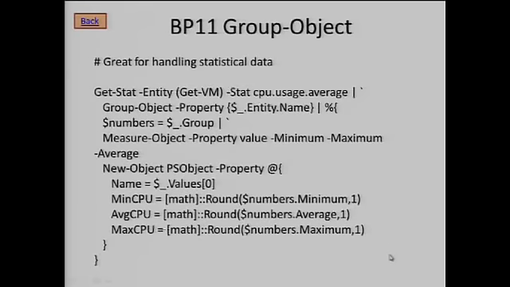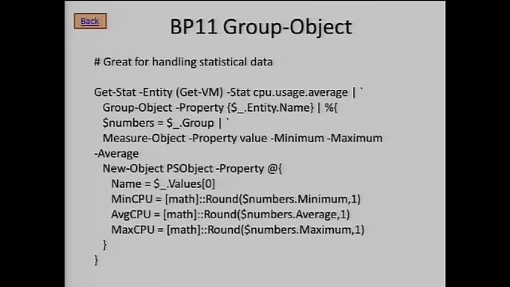Okay, I'm not going to explain this one line by line, but where this group object comes in very handy is when you're working with statistical data. So you all know, or you should know, the get-stat commandlet, which allows you to access all this data. It is handy to do this in one call. Don't call this for every VM in your environment. So that's what we're doing. We're doing it for all the VMs, if you look at the second line.